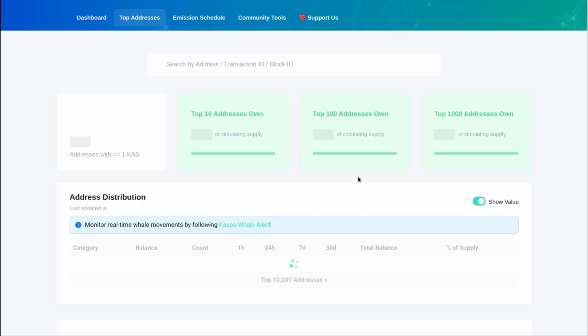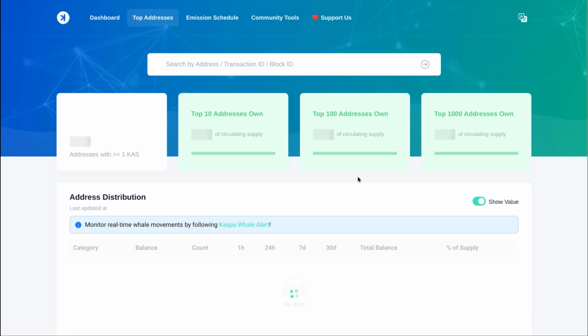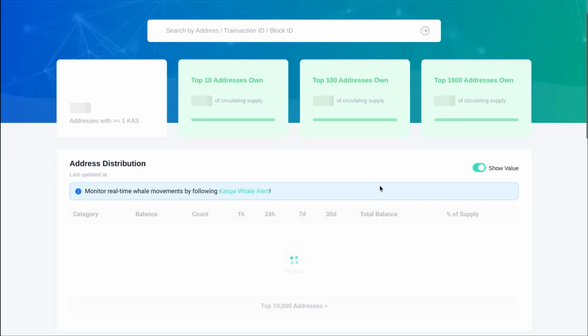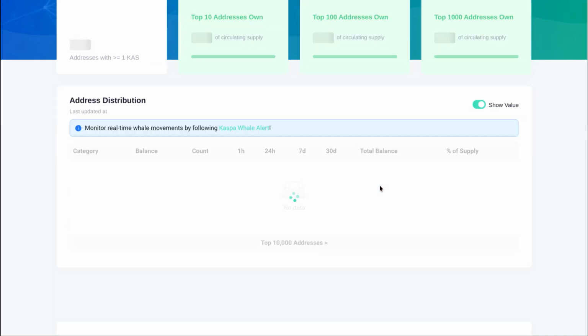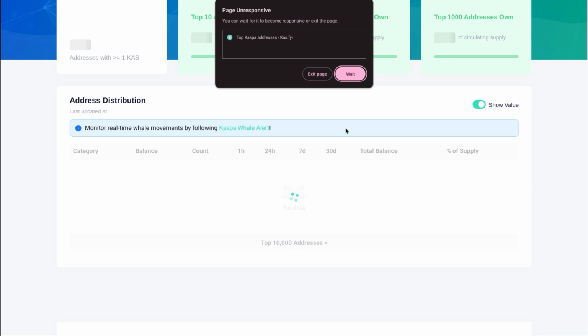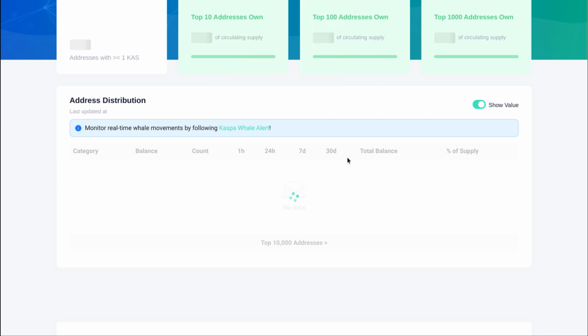All right, there we go. This is the top addresses. See what's going on. I know we lost a whale, I believe within the last 7 days, I believe 2 or 3 whales. We'll see if it loads up. If it don't, we'll just move on. So we'll take a look at it next time.